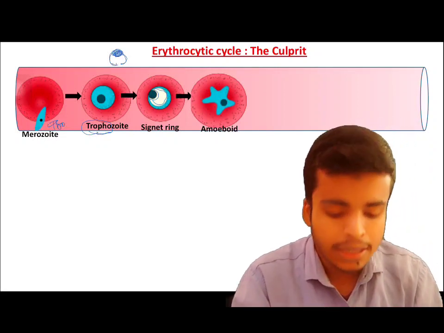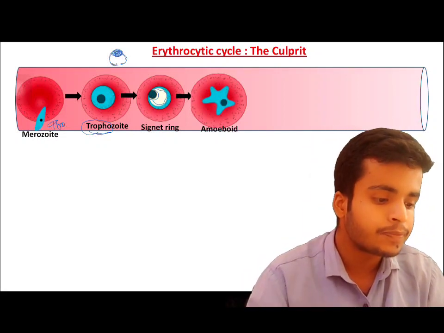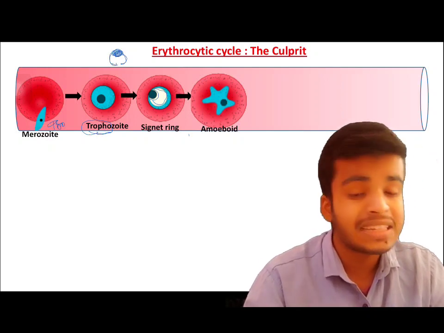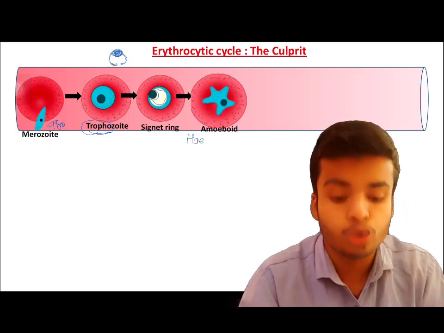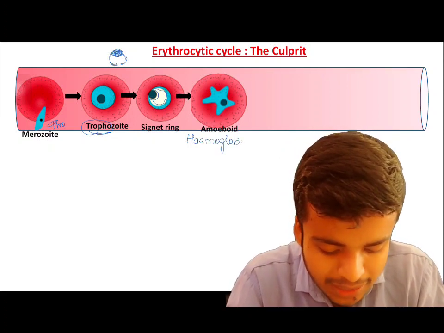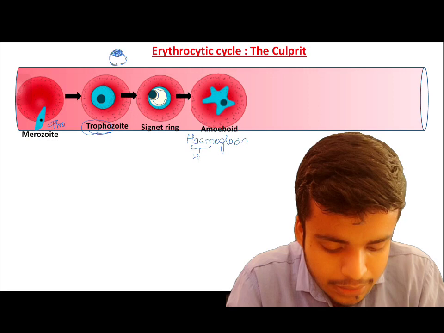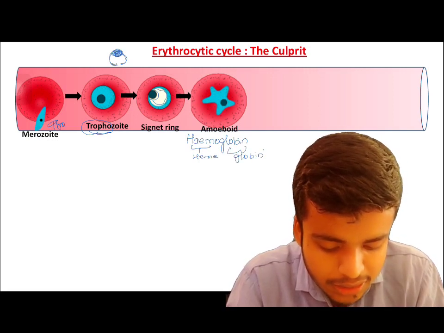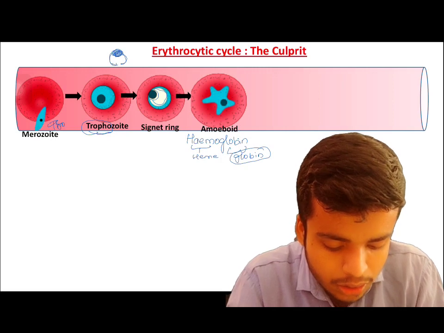Now what happens in this amoeboid stage is the formation of hemozoin. There is something called hemoglobin, which has heme and globin.